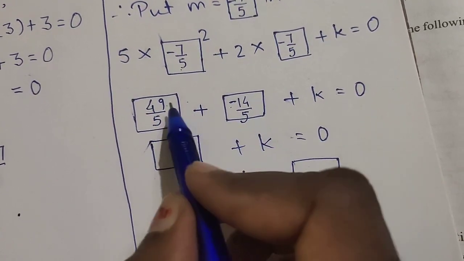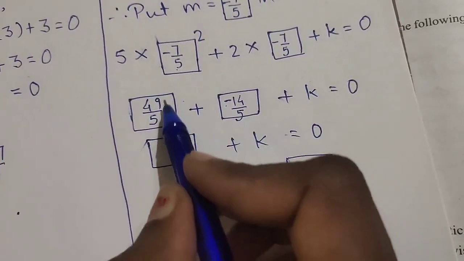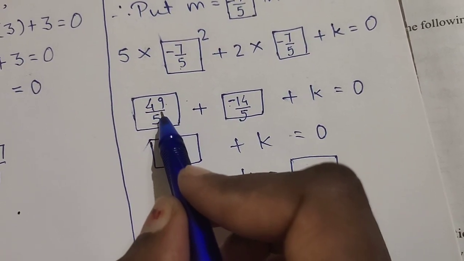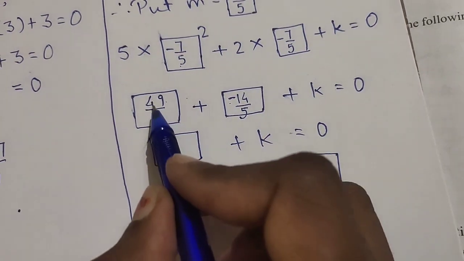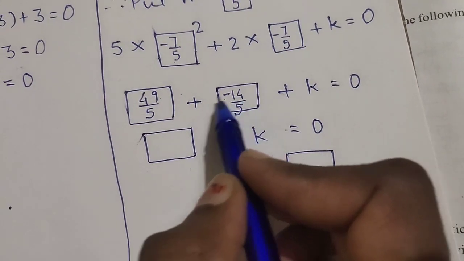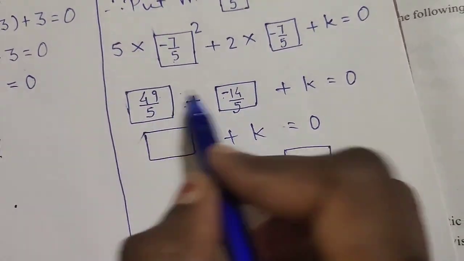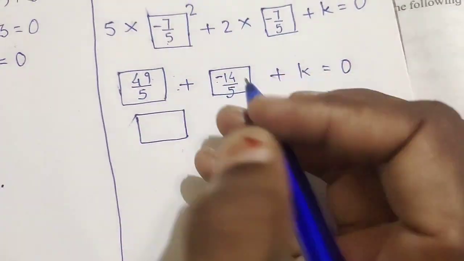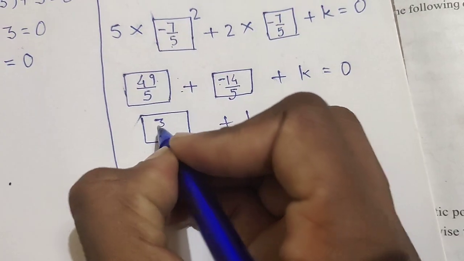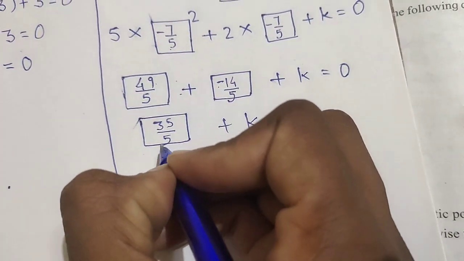Got it, students? You have to solve these two boxes simultaneously. So for this, you can take upon 5 common, and 49 minus 14 you have to do, because plus into minus is minus. So 49 minus 14 is what? 35, right? So this is 35 upon 5.